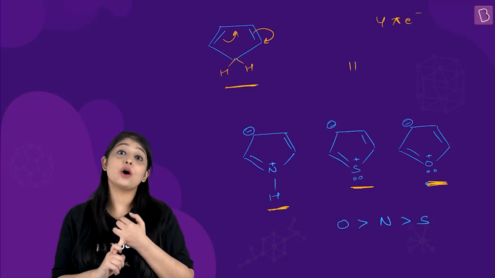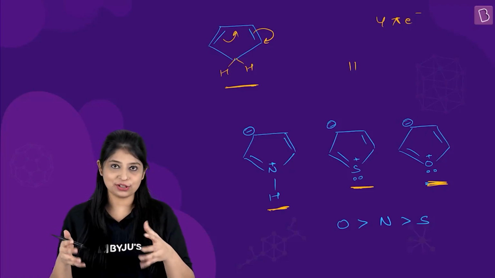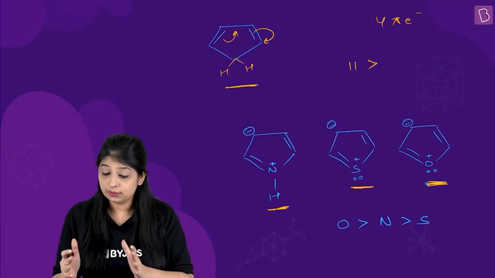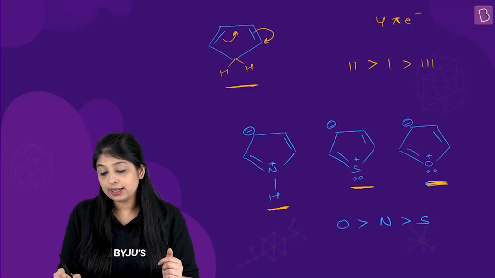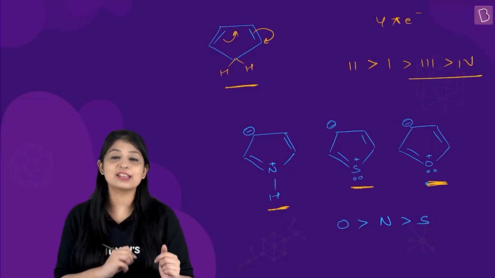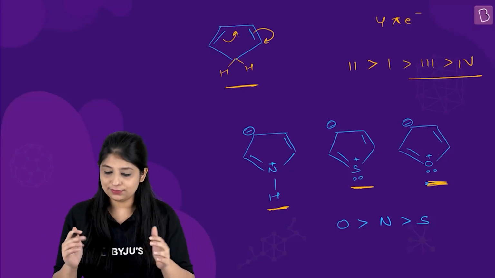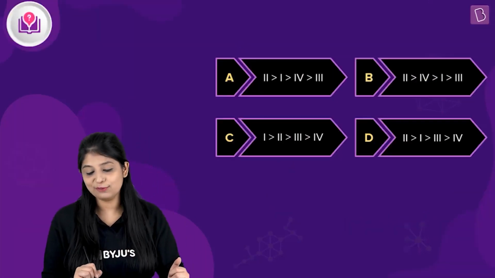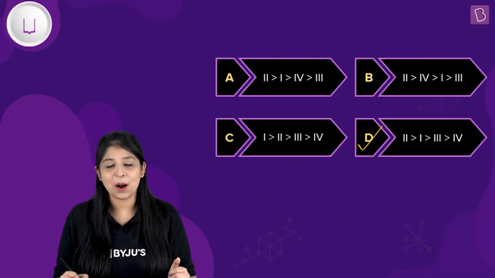Also, the positive charge on sulfur is more stable as compared to the positive charge on nitrogen and oxygen. So the second compound will have the highest resonance energy, followed by first, followed by third, and the least one we already know is fourth. So this is the order of the resonance energy of these 4 compounds. Let's have a look. Which option does it match? 2, 1, 3, 4. Well, it matches our option D, which is the correct option.